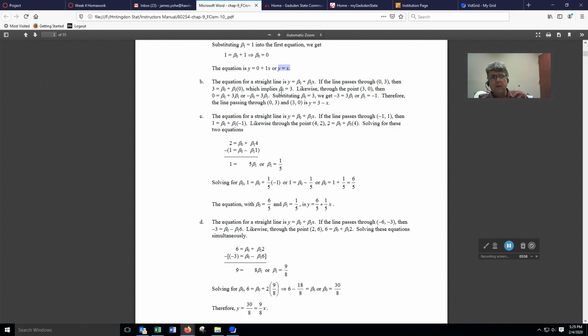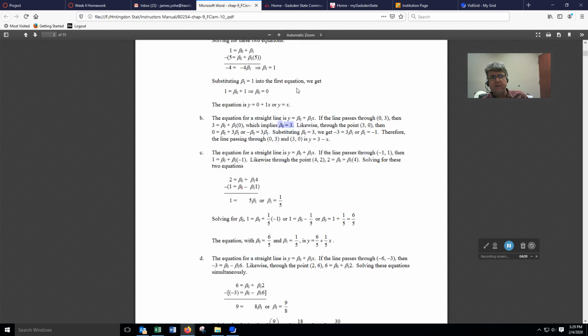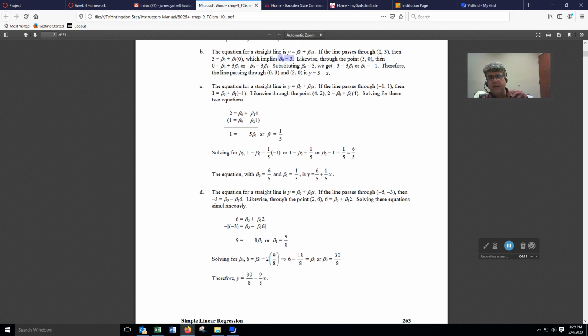This is 0. So here we've already solved for beta naught. That is the y-intercept. This crosses the y-axis at 3, and that's very easy to figure out because (0, 3), x is 0, y is 3. So that is our y-intercept.